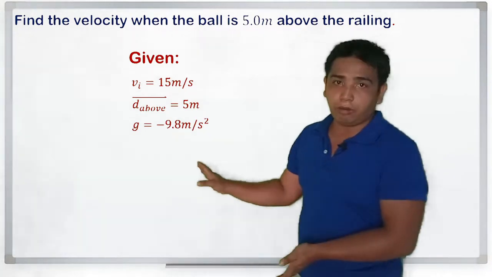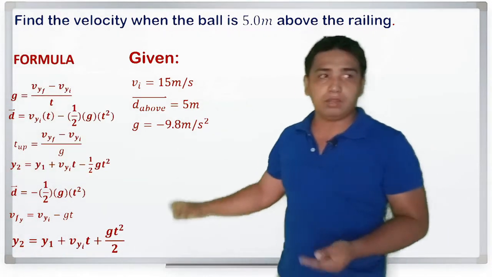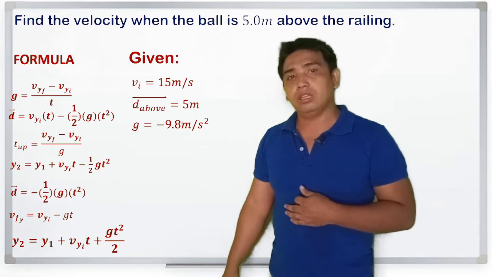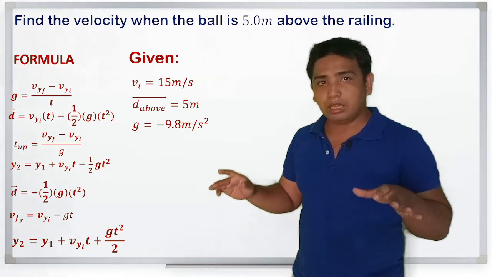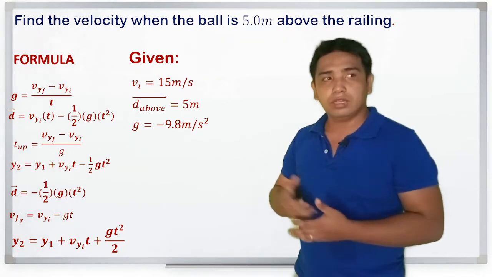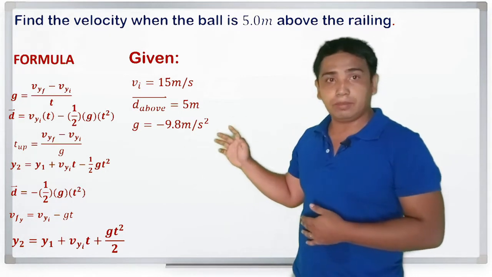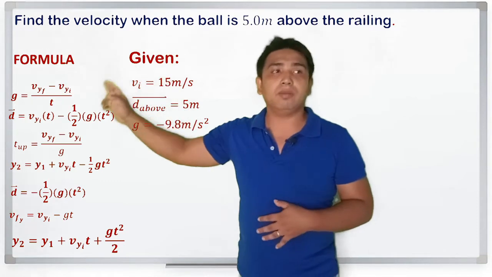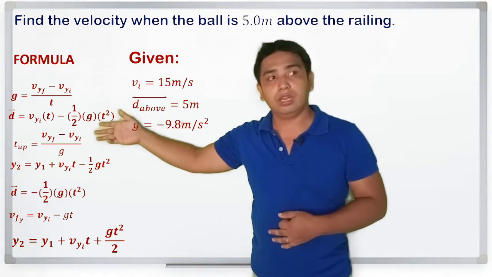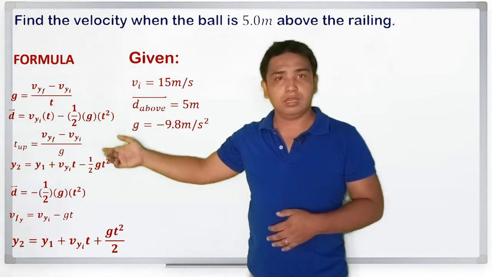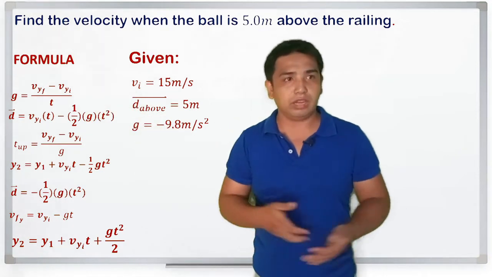And check out the formula. If you check out the formula, you will see that there is no equation that you can use to solve the velocity given displacement or position and the initial velocity. So we have to derive another formula.